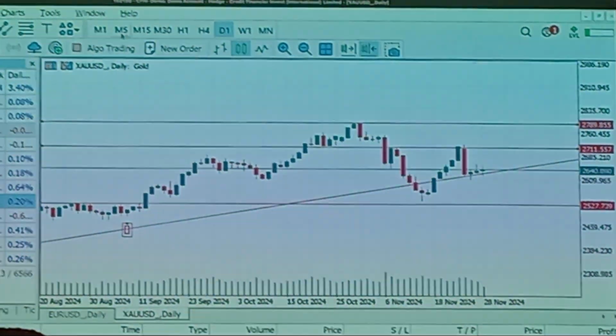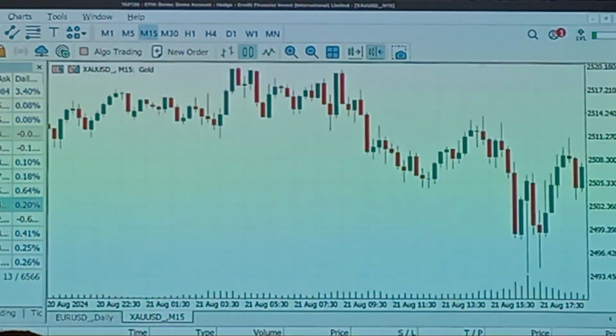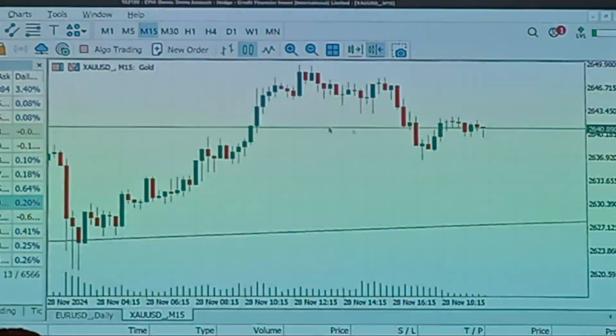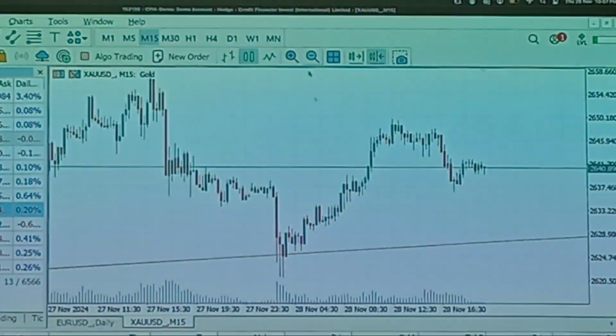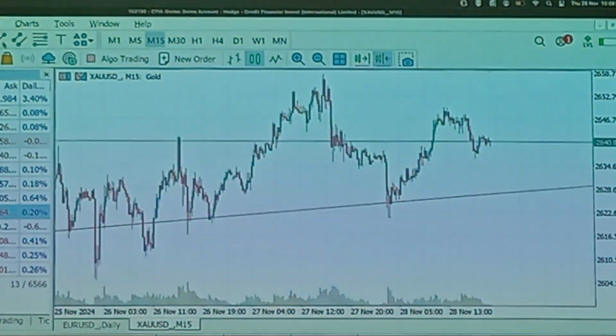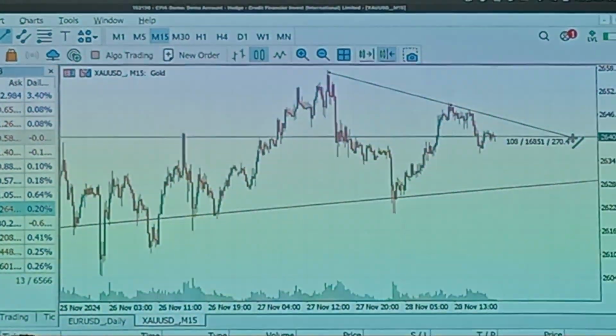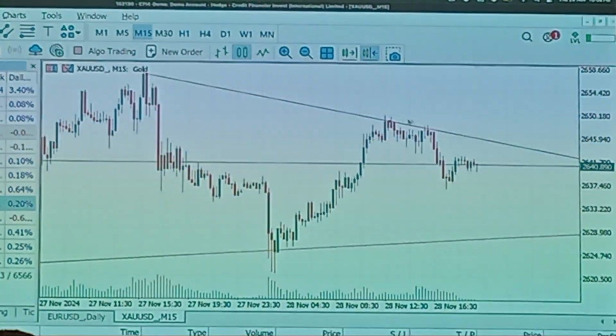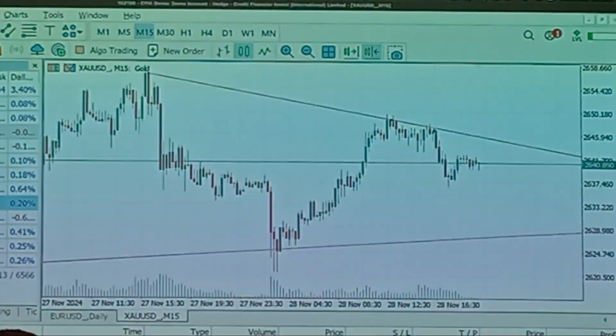If I go lower, so let's say I go on the M15, I will have much more opportunities that I'm able to trade. Because in this case, for example, look what happened. In this case, I can draw a specific new trend line from here to here. Okay? This is a high, this is a lower high, and this is a lower high.